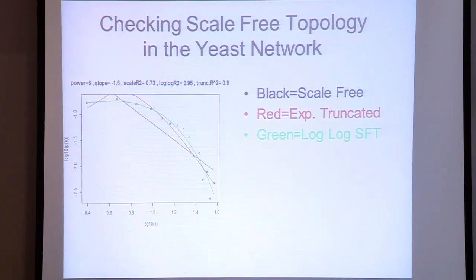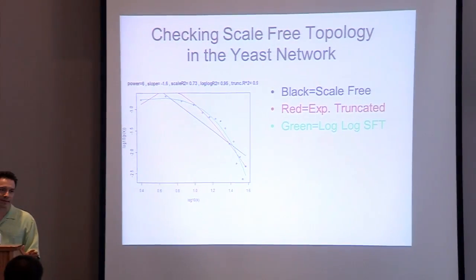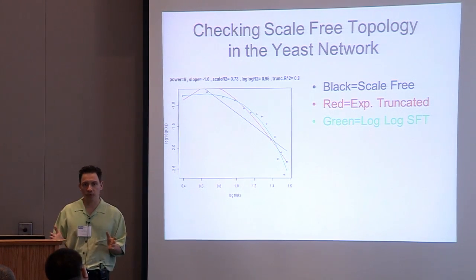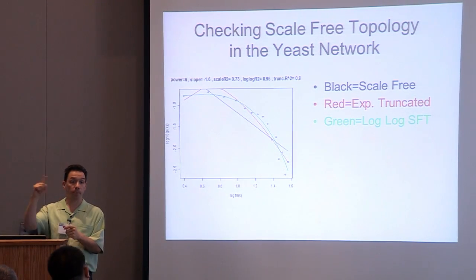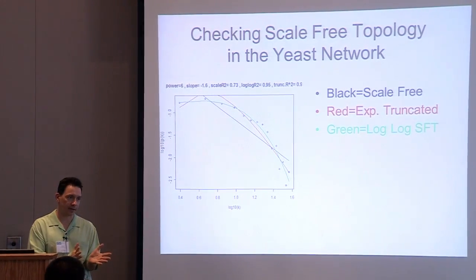Now, there have been many articles where people studied their favorite network, and then they said, isn't it interesting? I find the network satisfies scale-free topology. However, we noticed very early on that this is a statement that is highly dependent on the threshold you choose. So if you choose a low threshold, for example, a power of 1 for the soft threshold, your network doesn't satisfy scale-free topology.